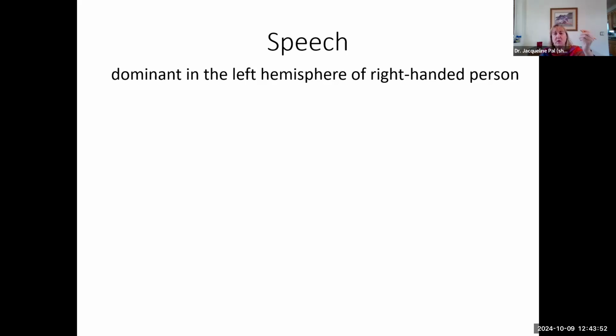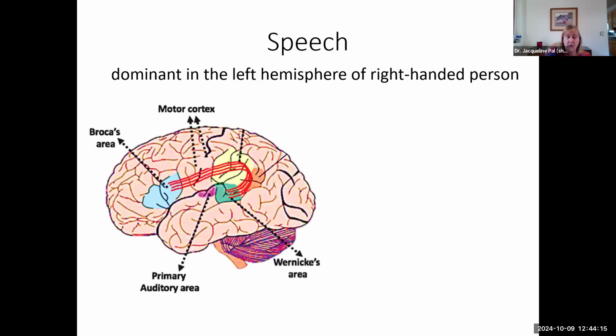If you hold a pencil in the left hand, that means you're left-handed, and speech would be dominant in your right side of your brain. So, because 90% of the population is right-handed and speech is dominant in the left hemisphere, I'm going to be showing this on the left side of the brain, which is what's here.